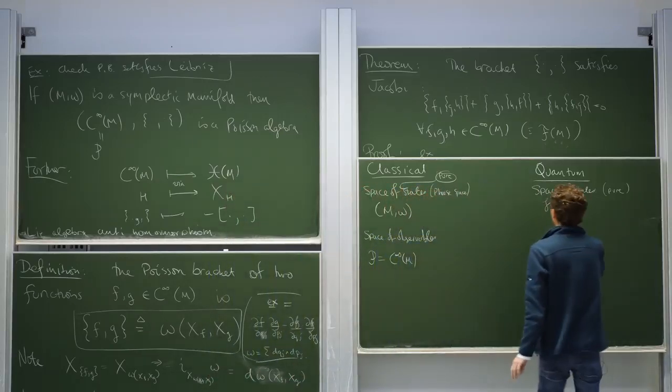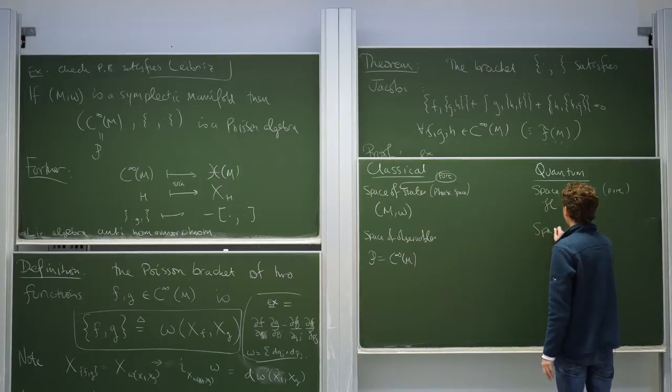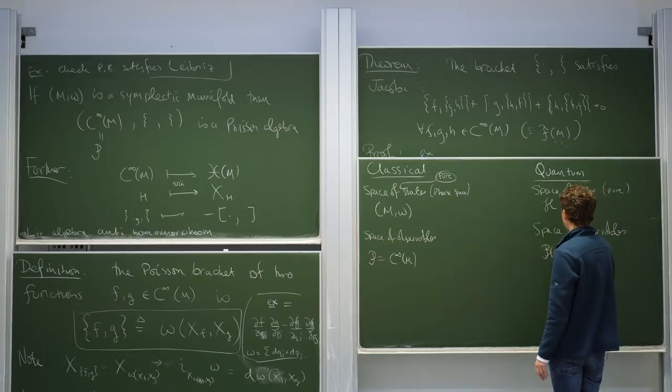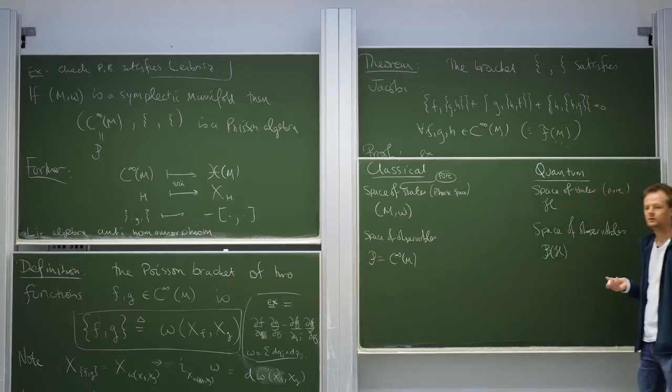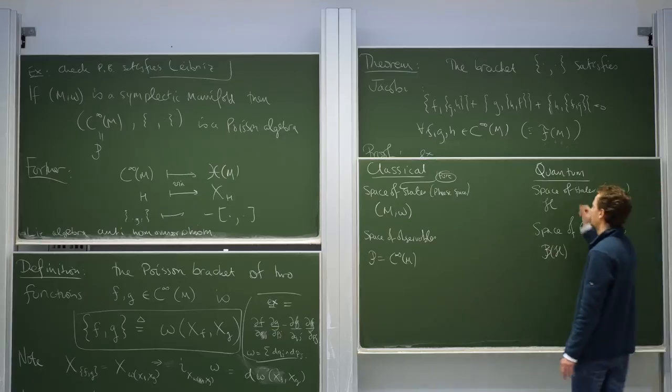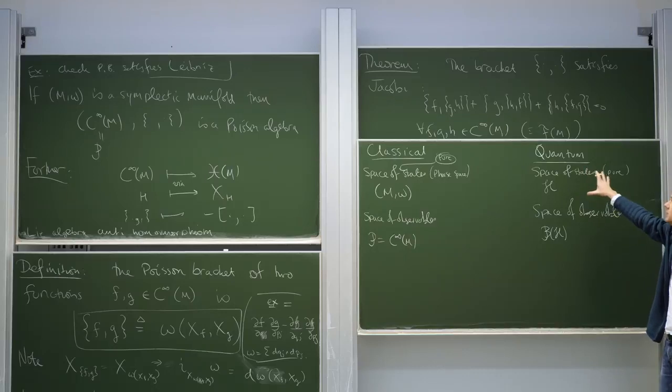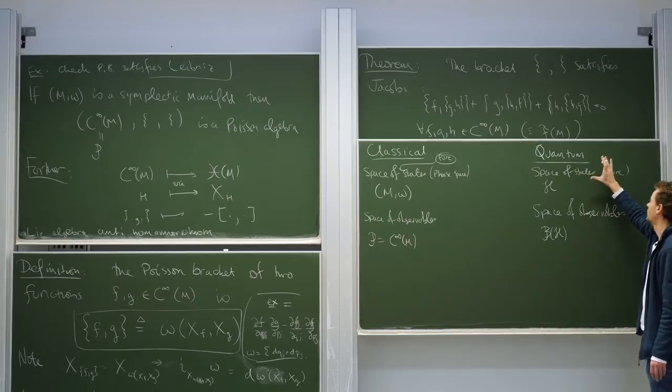Now in quantum mechanics, the space of observables is understood to be the bounded operators on Hilbert space. If you're doing things a little bit more carefully and operationally, on the right-hand side, we don't distinguish.